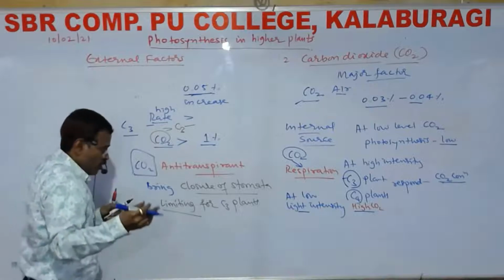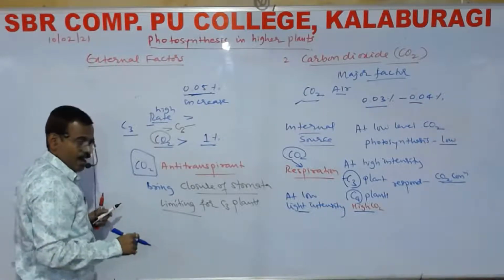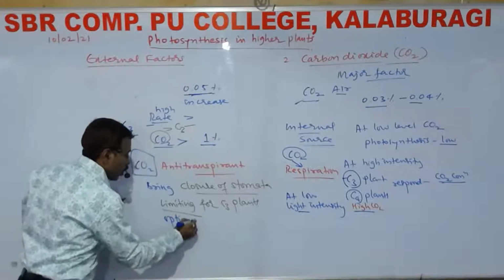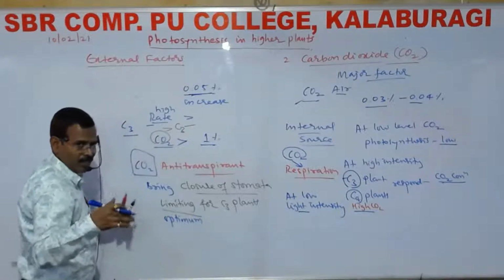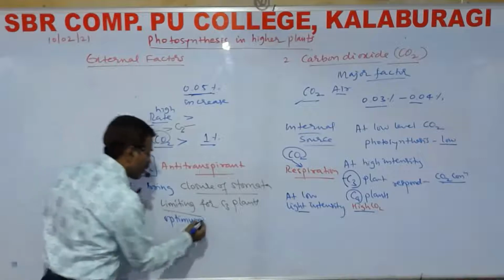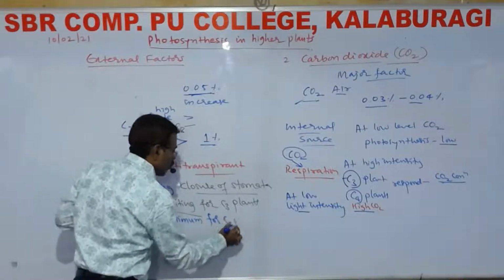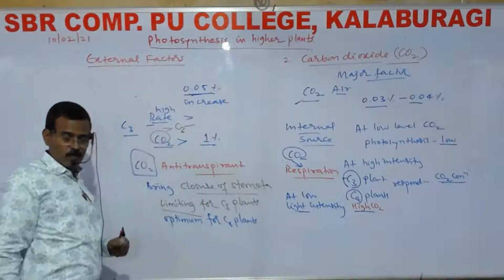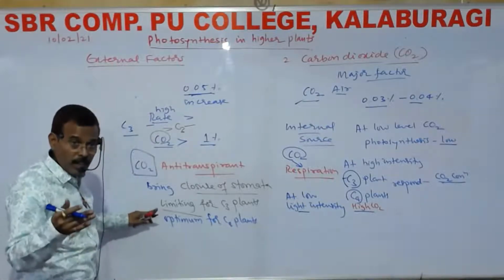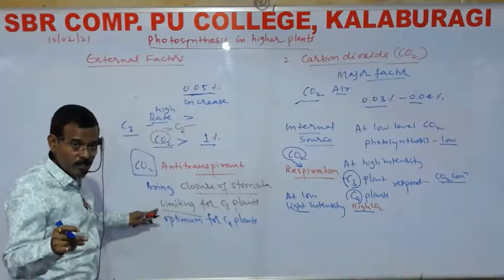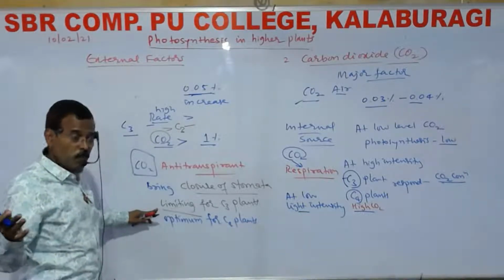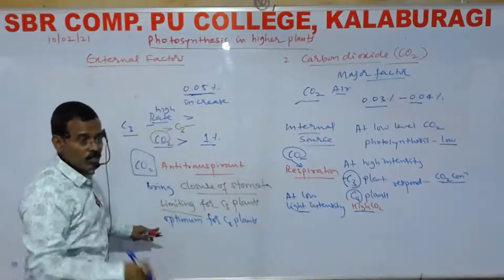The present carbon dioxide concentration is the optimum, normal range. Optimum is normal as per the requirement. It is optimum for C4 plants. It is limiting for C3 plants. If we increase the CO2 concentration, C3 plants respond in a better way than C4.